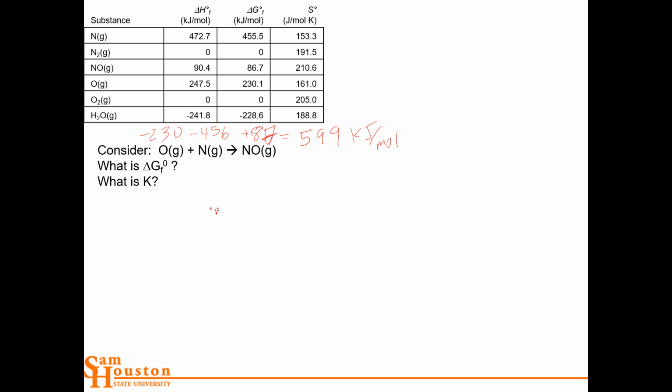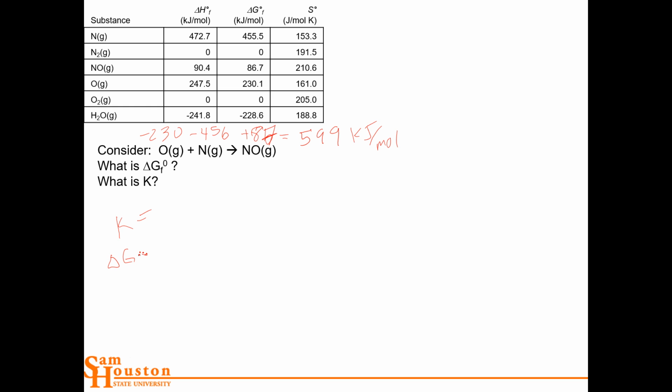And so what I want to know is, what is K? We used this equation earlier. What is K in relationship to delta G of reaction? Okay. We could think, okay, partition functions. We don't want to use that one. It might be easier to see this.